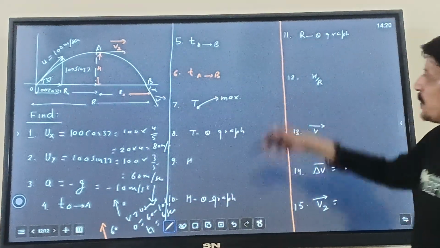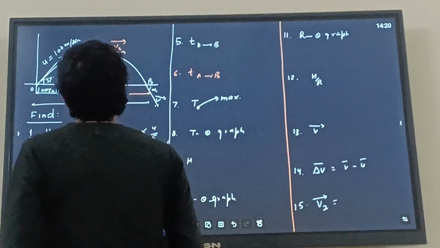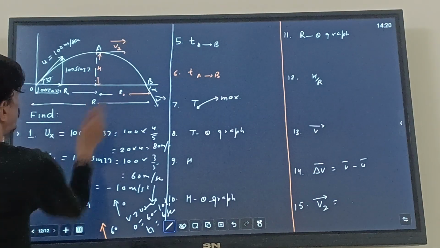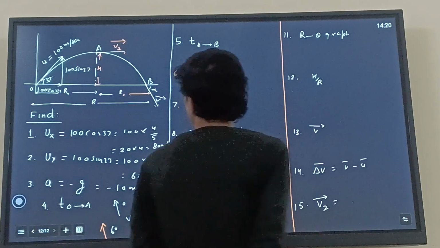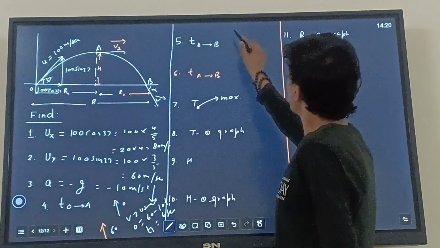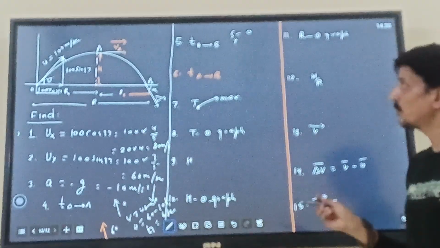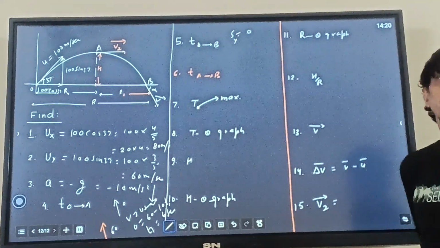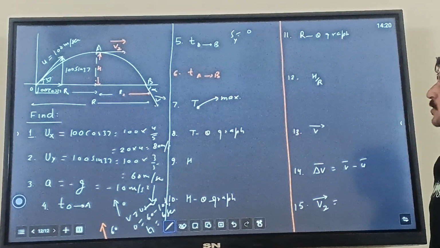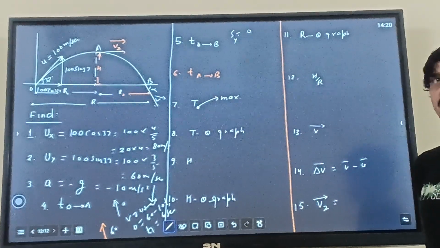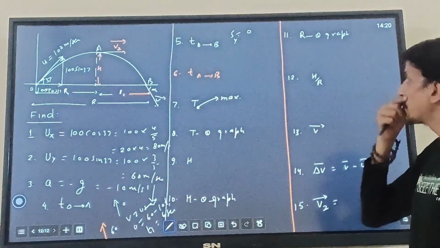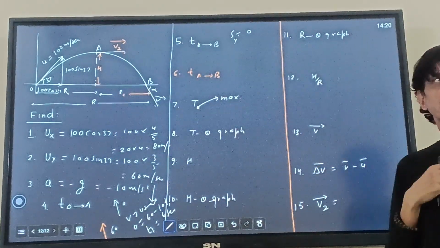Next is from A to B. So from A to B we can say that if we analyze the time from O to B, displacement will be 0 on the y-axis. Because at O it is having y equal to 0, and at B also it is having y equal to 0. So displacement of y axis will be 0.